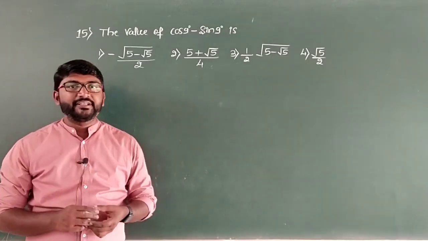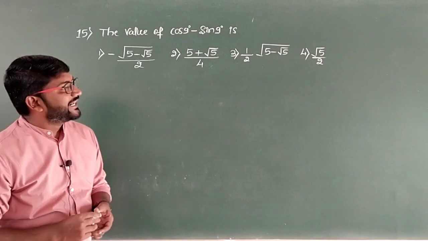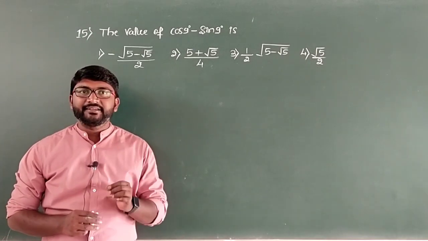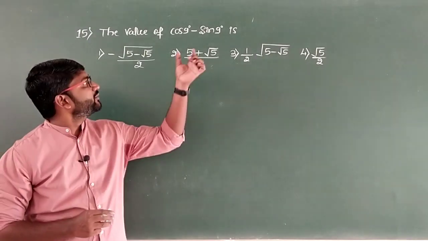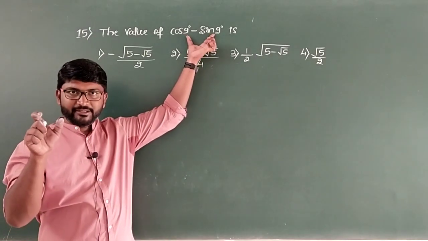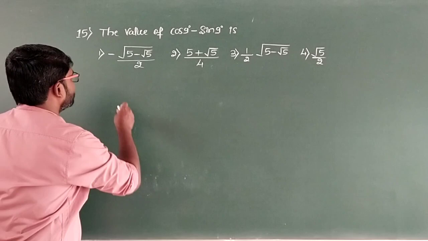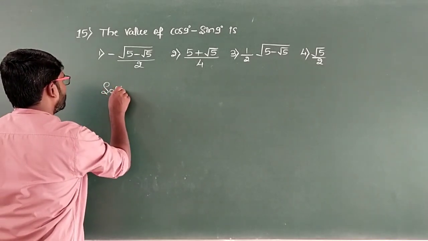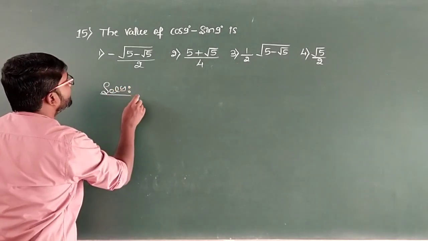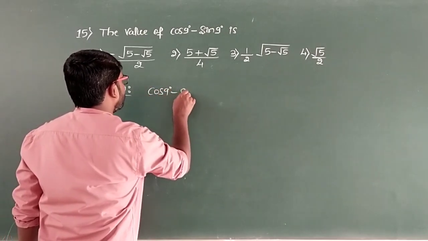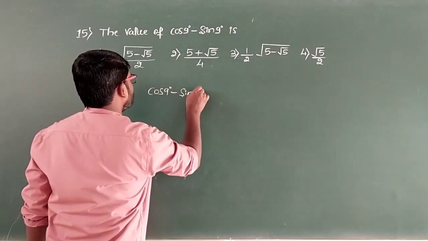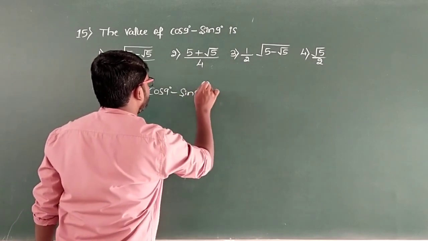Well, question number 15: the value of cos 9 degree minus sin 9 degree is. Here they have given the 4 options and we have to square the given function, then expand it. So cos 9 degree minus sin 9 degree, the whole square, then expand this.